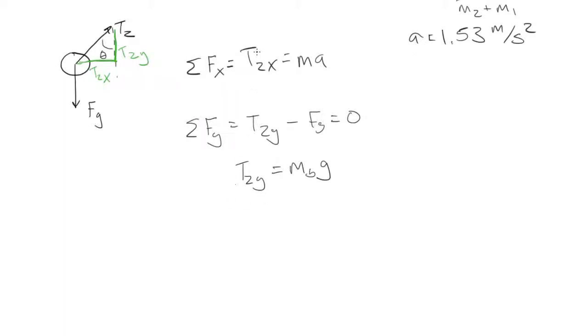So what I need to do, just like we've been doing all along, is make T2x and T2y a single unknown. I can take a look at T2y, and that's actually equal to the tension times the cosine of theta, the angle adjacent. So T times cosine theta is equal to the mass of the ball times gravity.